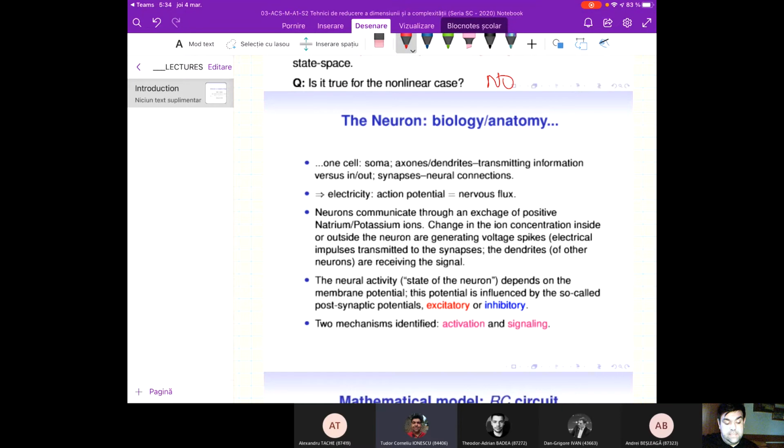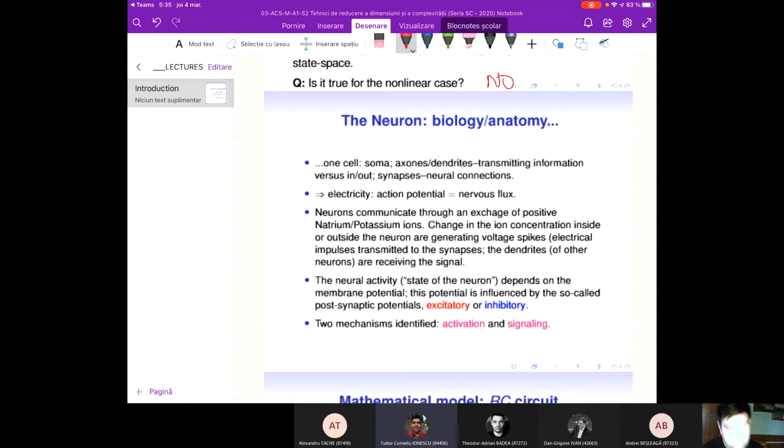The neural activity, the so-called state of the neuron, depends on the membrane potential, which is influenced by other potentials called postsynaptic potentials, which are of two types: excitatory or inhibitory. So we have two mechanisms identified: an activation mechanism and a signaling mechanism.